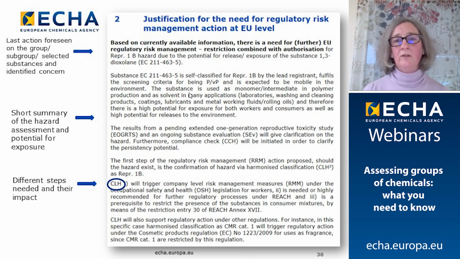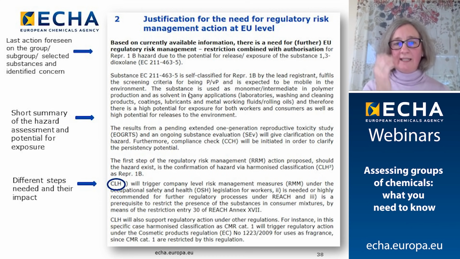Sometimes it's based on a known hazard, for instance, if there is a harmonized classification; sometimes it will be a potential hazard, and we have tried to make it very clear. This potential hazard is usually based on what we see in the registration information. If it is a potential hazard, usually the first step will be to clarify it via a compliance check. But we try to make all this quite clear in the document so that you understand where we are in our assessment.